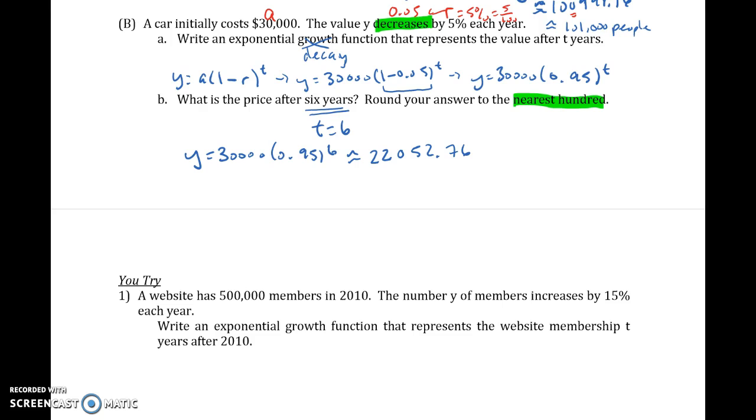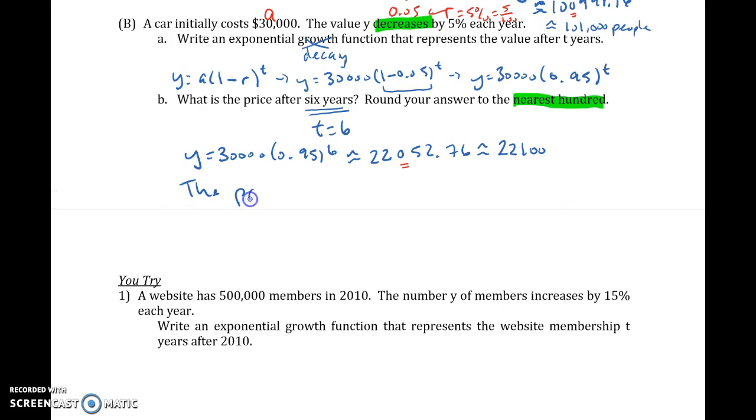So where is the 100 position? The 100 position is right here at that 0. So I want to look to the right of it. 5 means we're going to round up, so this is going to be approximately $22,100. So let's go ahead and finish that off as a sentence because we have space this time.